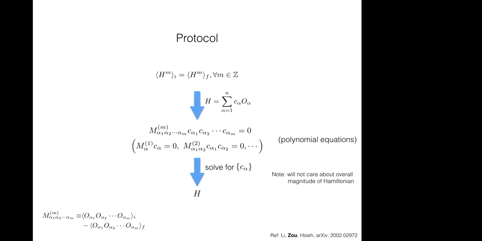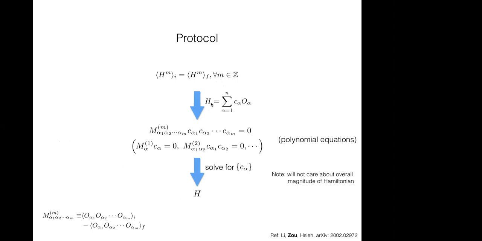And we will just use a very straightforward method to do it. We will just use this simple observation that under this Hamiltonian evolution, the expectation value of the Hamiltonian does not change. Furthermore, the expectation value of the Hamiltonian raised to any power does not change. So we have this condition here, I and F are initial and final states.